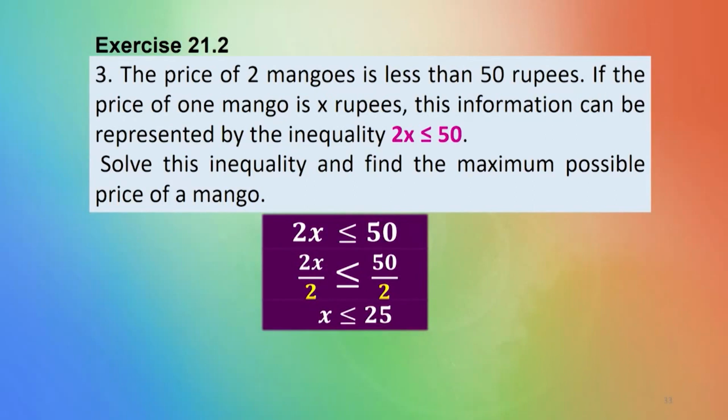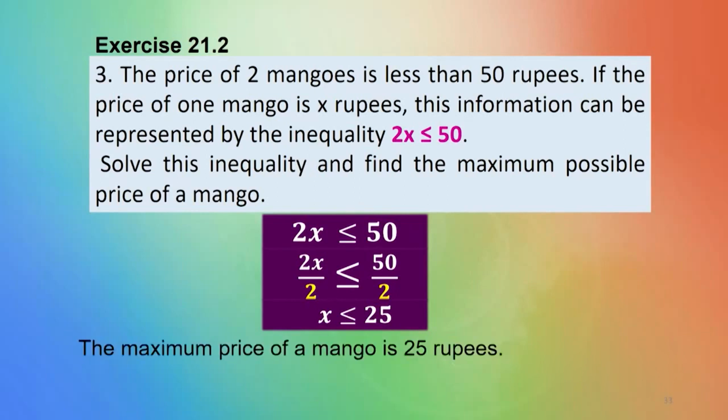So they ask to find the maximum possible price of a mango. x is equal to 25 or less than 25. Then you can take the answer. The maximum price of a mango is 25 rupees.